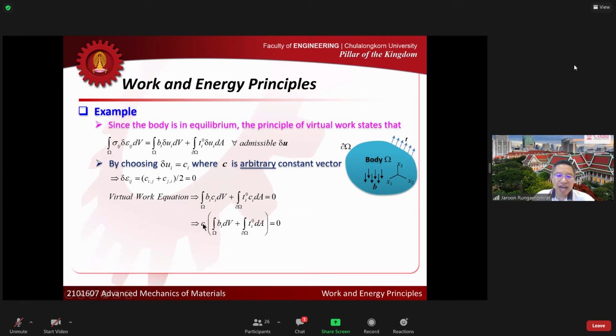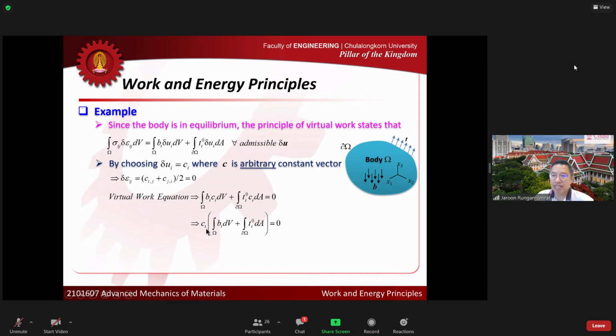But you know that ci here can be anything, because C is arbitrary here. And you know that the whole thing here is always 0. It doesn't matter what ci is, right? Now you can conclude that the term inside here has to be 0, because this one is arbitrary.